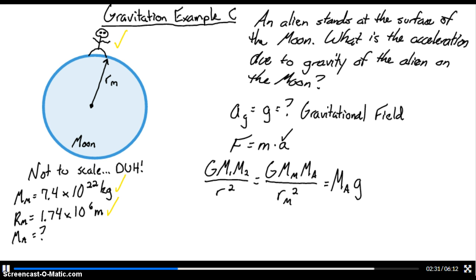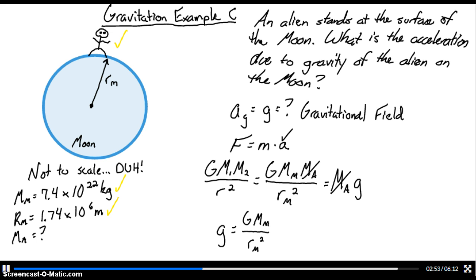Looking at this algebraically, guess what? The mass of the alien is going to cancel out, so we're left with g equal to big G, the gravitational constant, times the mass of the moon over the radius of the moon squared.